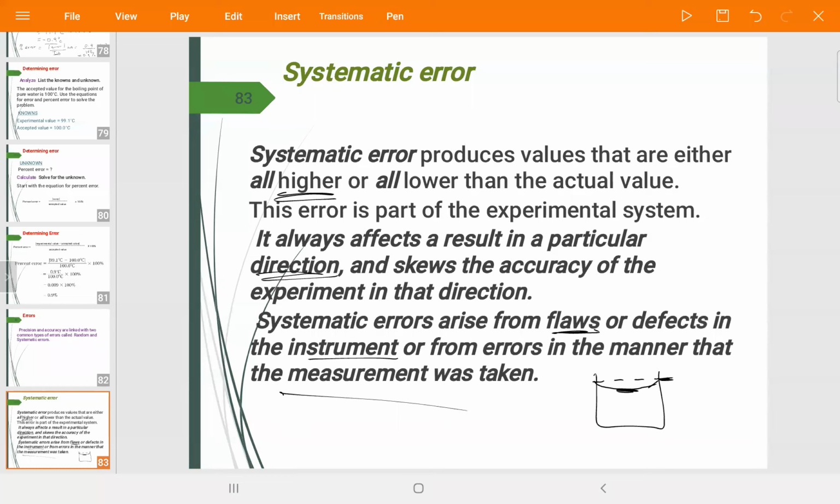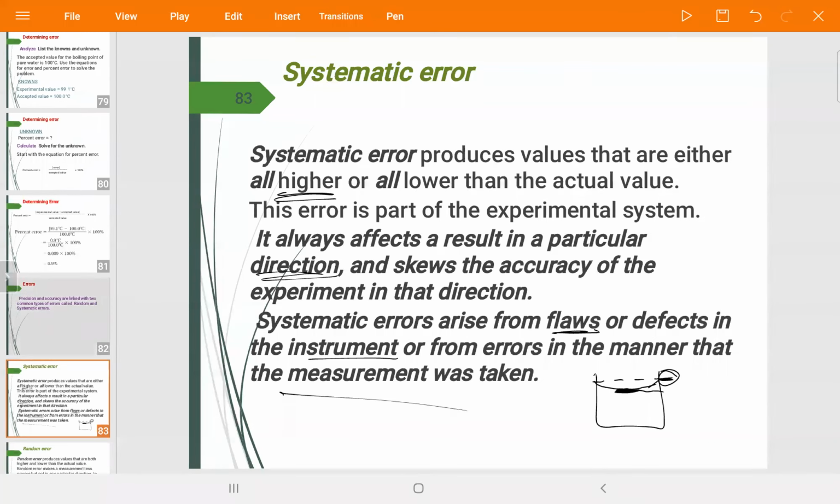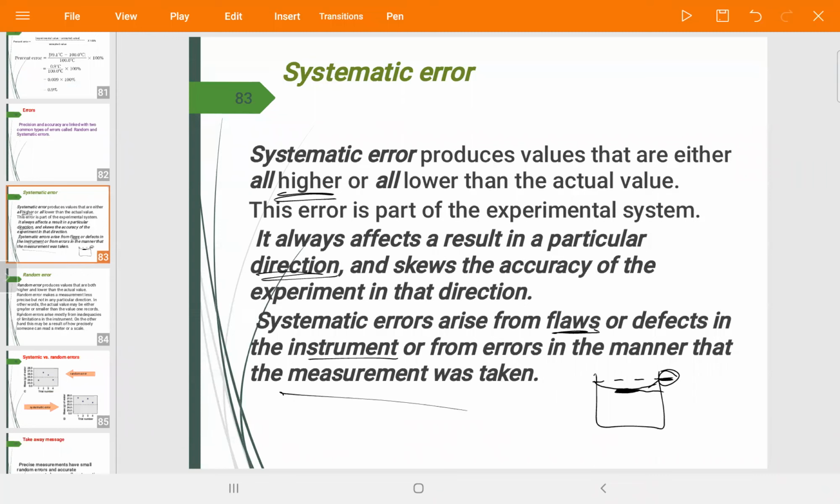When you take a reading, especially when measuring liquids, you have to read at this point. We call this level the meniscus. So instead of reading here, if you read this, the error that you will incur will be systematic error. This is one very important point that you have to remember in regard to precision and accuracy.